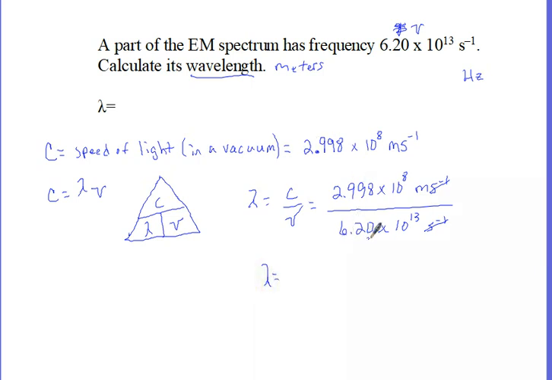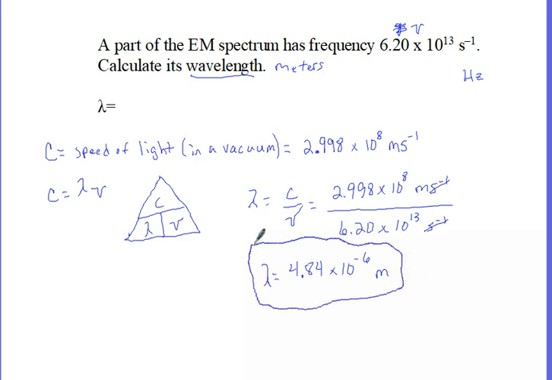You're only going to get to report 3 significant digits because this had 3 significant digits. That was available to 4, but you're limited by that. So you're looking at 4.84 times 10 to the minus 6 meters. So there is your wavelength.